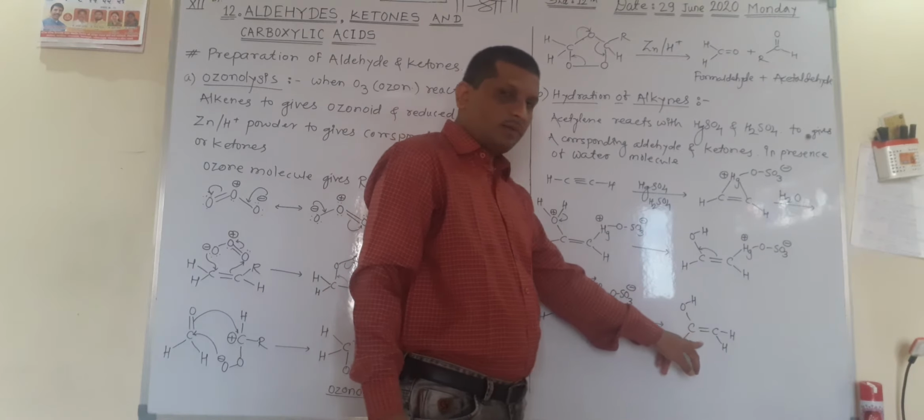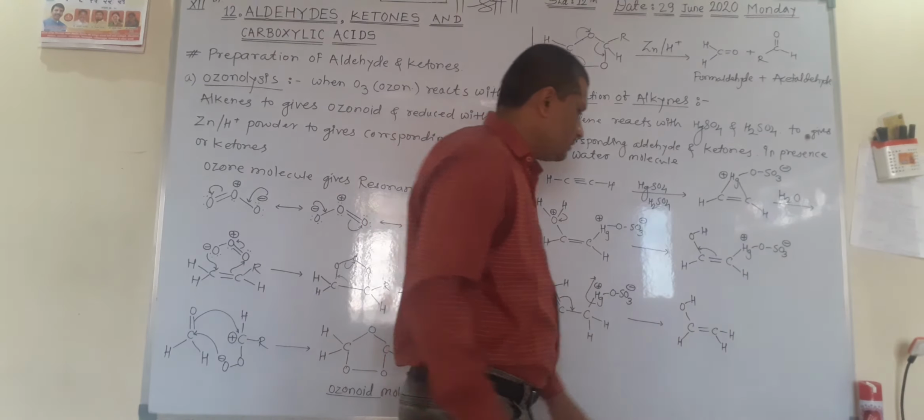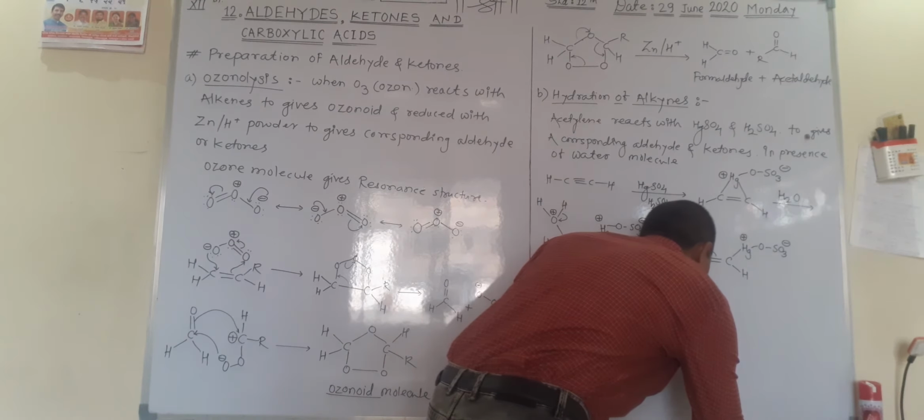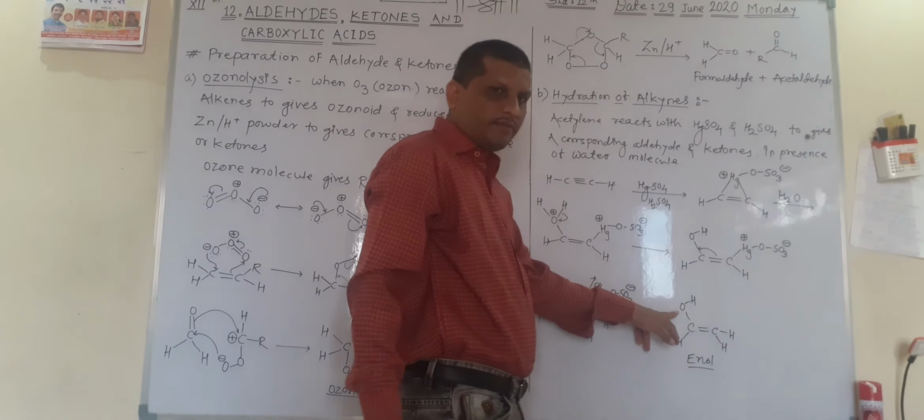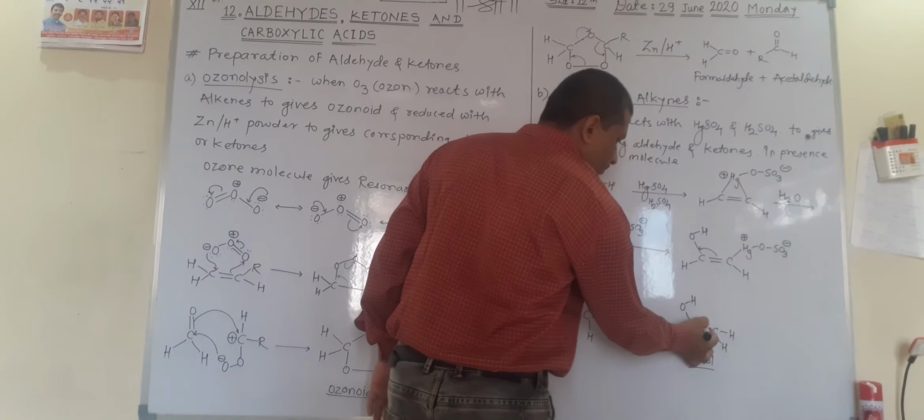Again, this compound is formed. It is called an enolic compound, an enol. And this enol can be further delocalized. This double bond shifts to here.